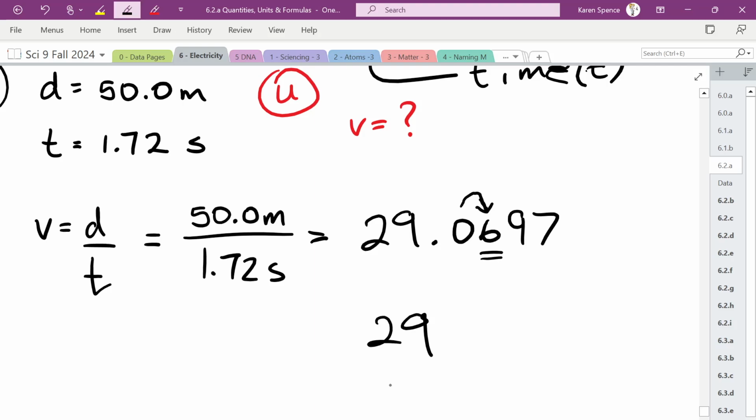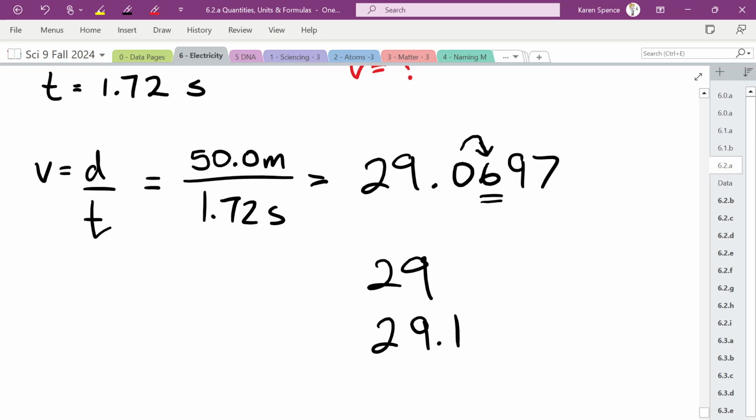So you're going to round up. So you could say 29.1. And if you want to go to 4 digits, that's even more confusing. You would have to go to 29.10. Anyway, let's not worry about that. I did 29.07. That works.